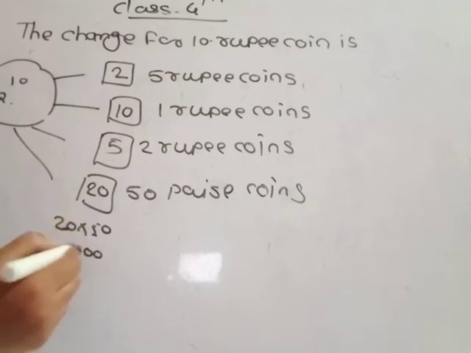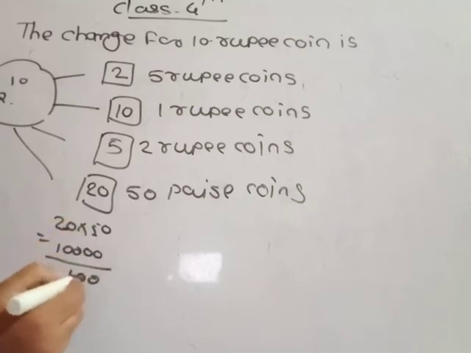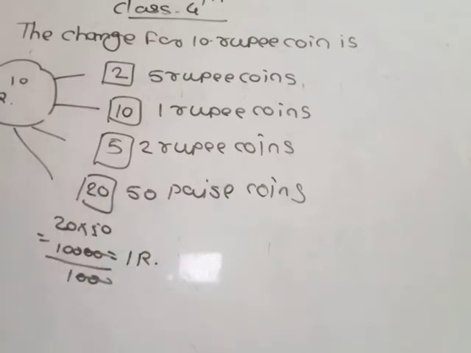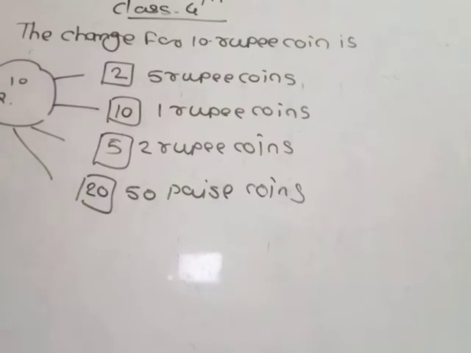And these two zeros, paise converted into rupees, means 100 paise is equal to 1 rupee. This means this 10 rupee coin is equal to 20 fifty paise coins.